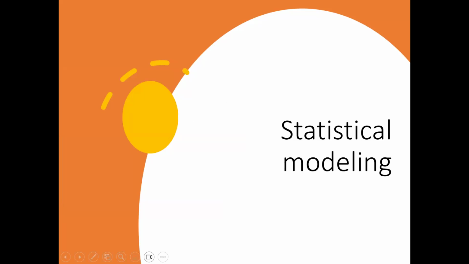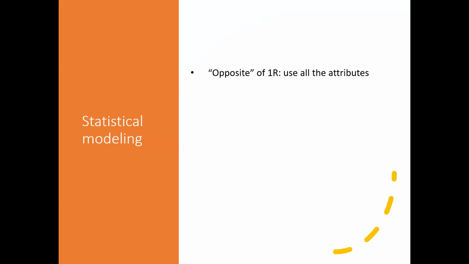Right. The next part, we are going to look at another machine learning algorithm where we use statistical modeling. In general, these models are mainly the opposite of 1R. I hope you remember in 1R, we consider only one attribute at a time.